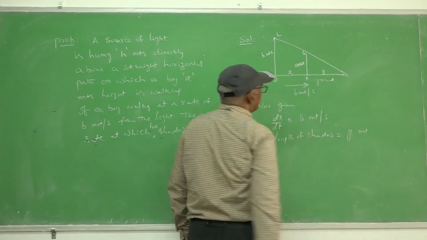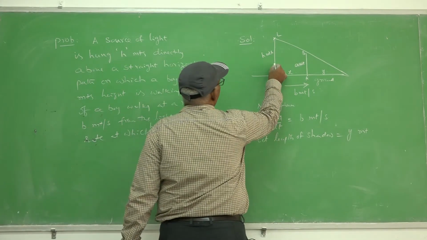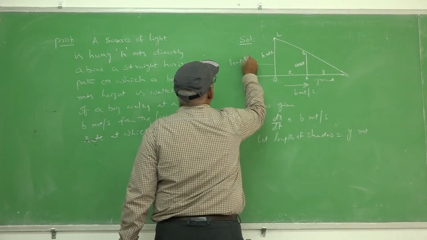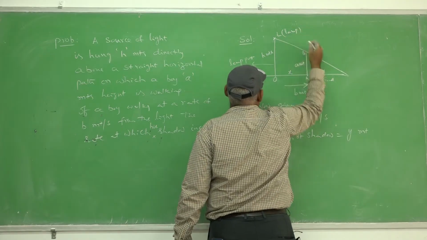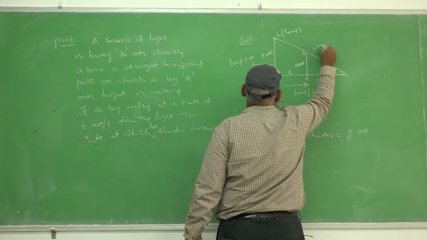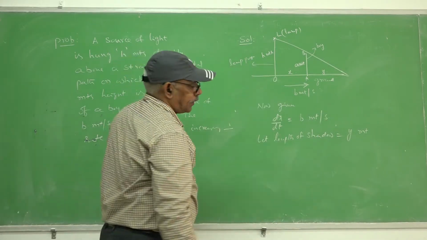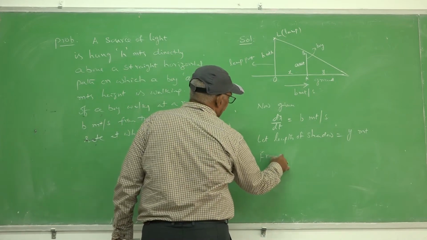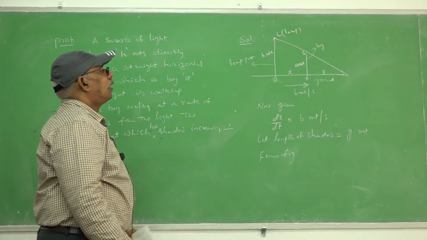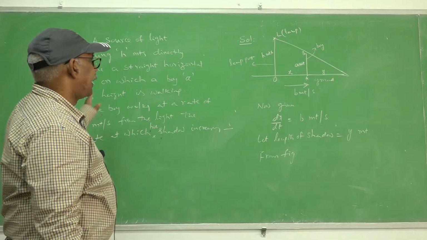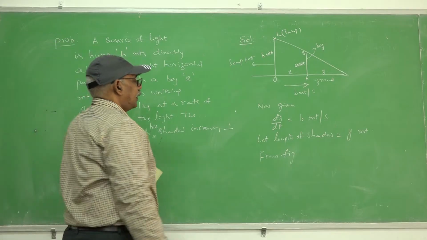The height of the lamp post is given. This is the lamp post, the position of the lamp. This is the boy whose height is a meters. So clearly from the figure, the figure is self-explanatory. There is no need to give all the details of the data, because the figure itself gives us the data.